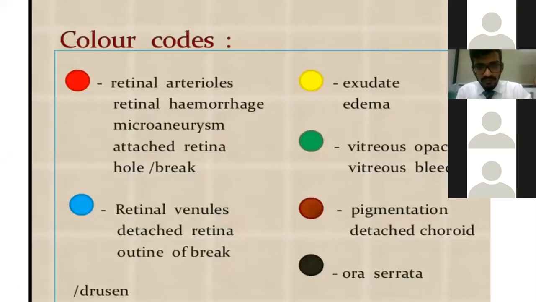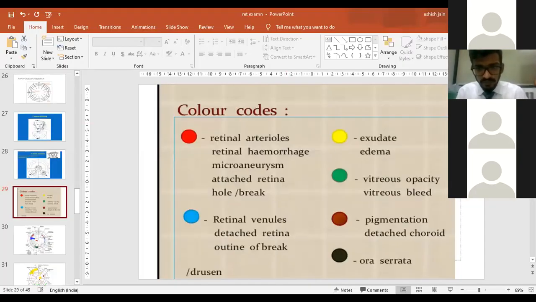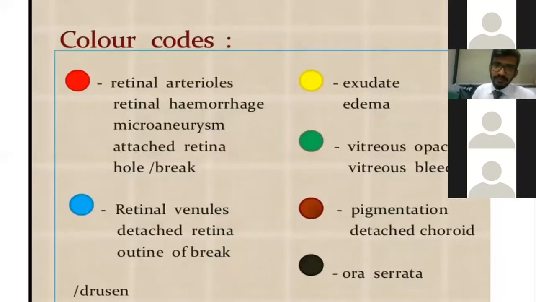No, I just would like students to refer to various textbooks for this color coding. There might be some areas where it is given differently in Yanoff versus Datta versus Kanski. You can follow any textbook that you want. Labeling is very important. If you label it correctly and your color coding is more or less acceptable in any one of the standard textbooks, I think you won't go wrong.